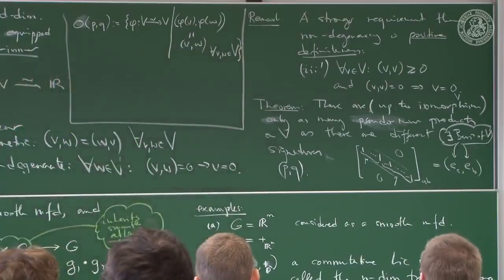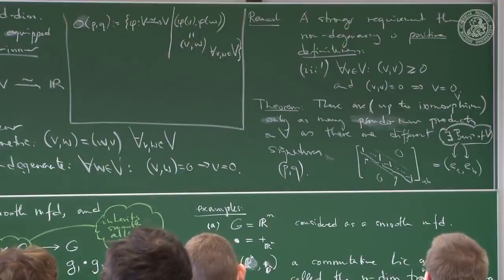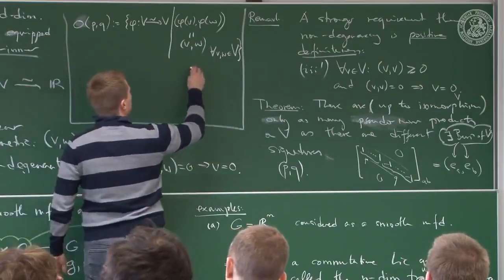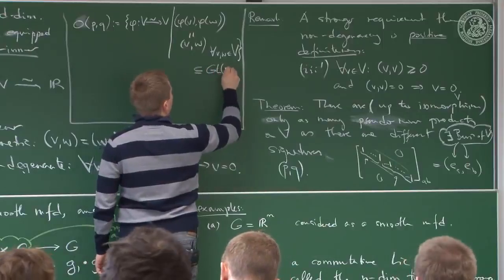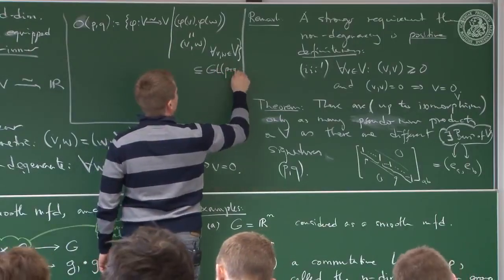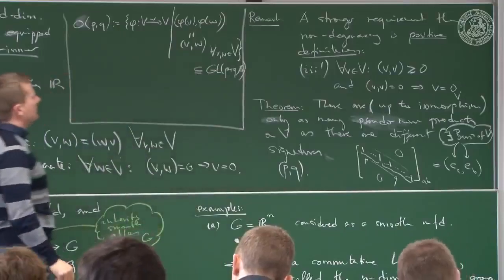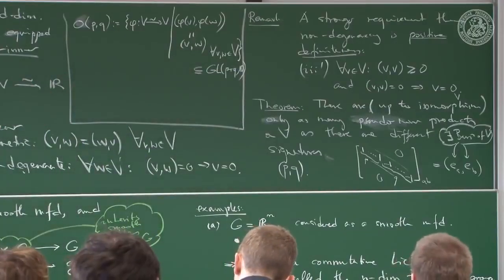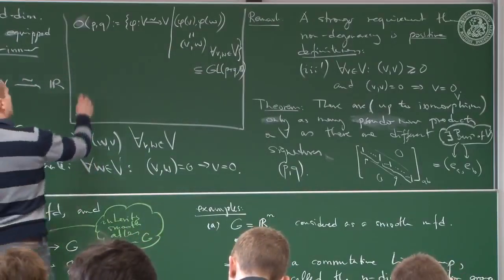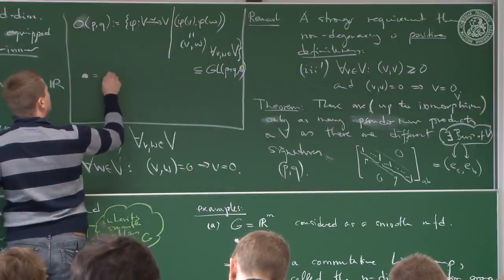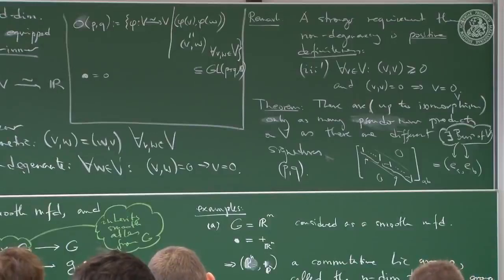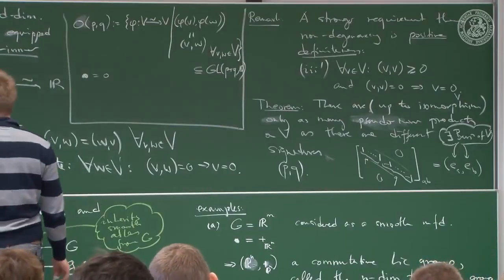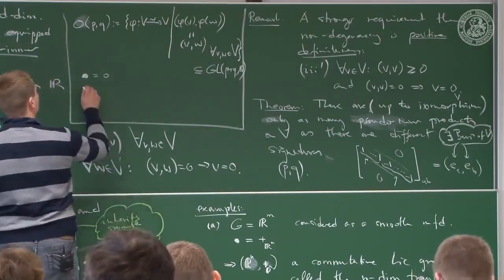Okay, so you take this set, and you can check that this is actually a subgroup of the general linear group GL(p+q, R). It's the R vector space. So again, the inherited group operation is the composition of such maps, and these are called the orthogonal group.